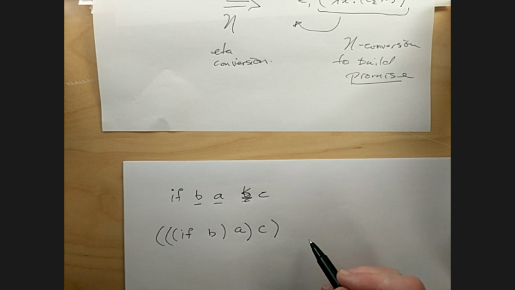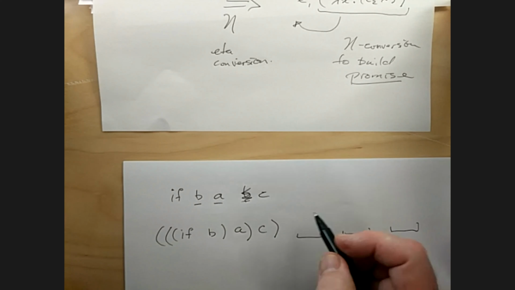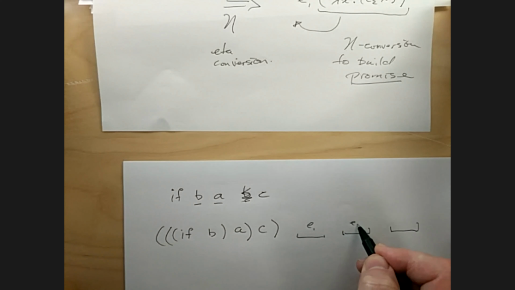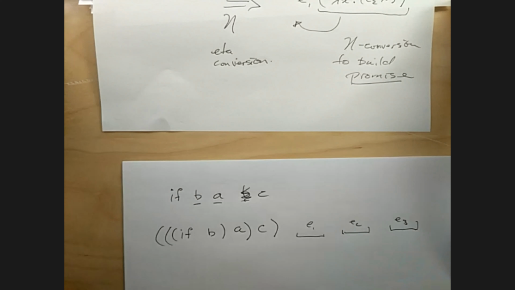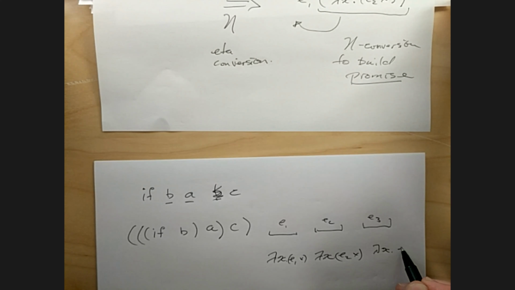And if these happen to be red X's, instead of that, I can write lambda x dot E1 of x, lambda x dot E2 of x, and lambda x dot E3 of x.